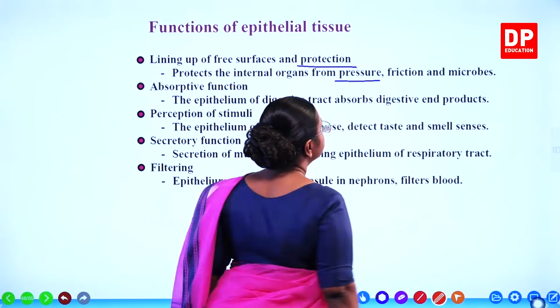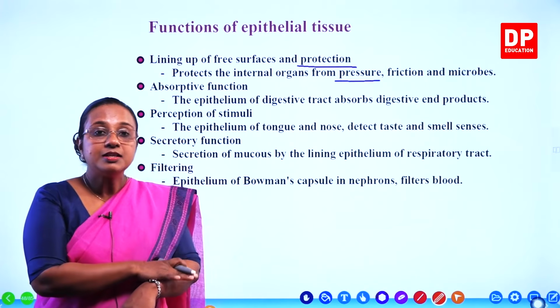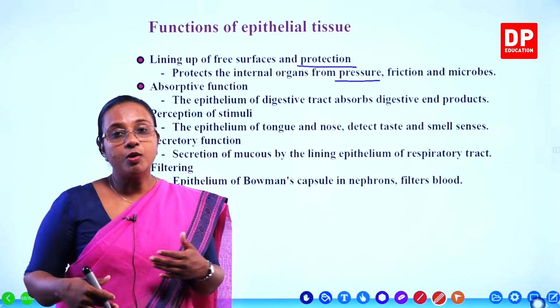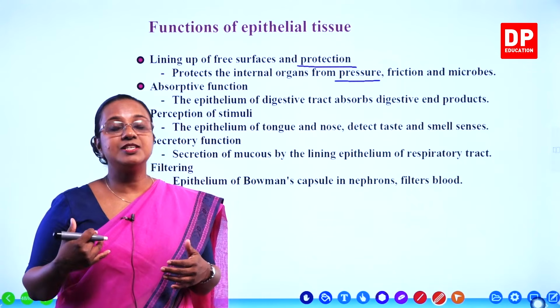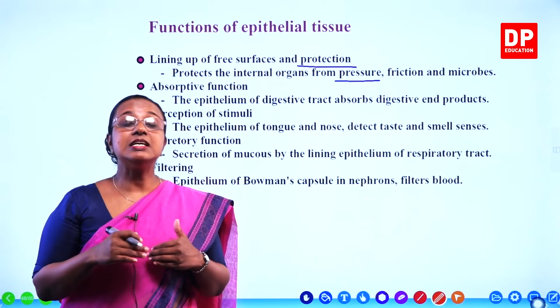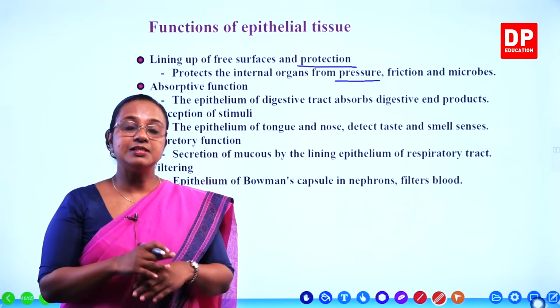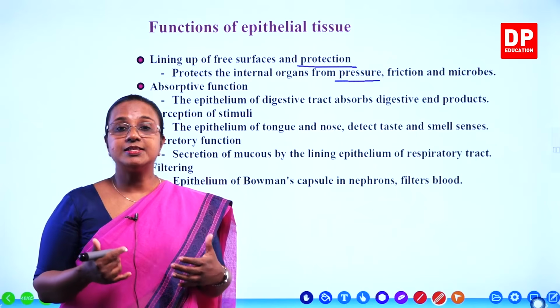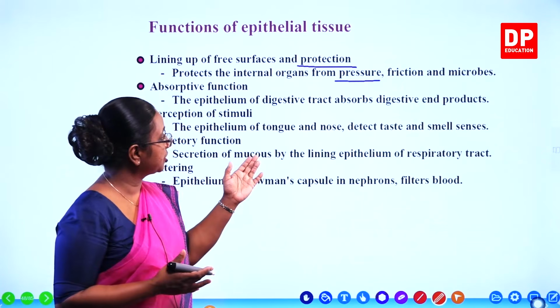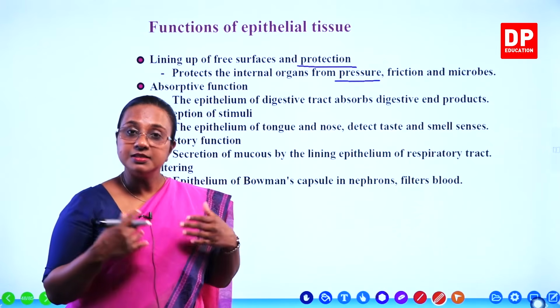As you can see, when we touch or feel with the hand, or when we walk, or if we rub ourselves against a wall or an object, the internal parts, that is the muscles and the blood vessels, are protected from that pressure. Friction, the same thing.